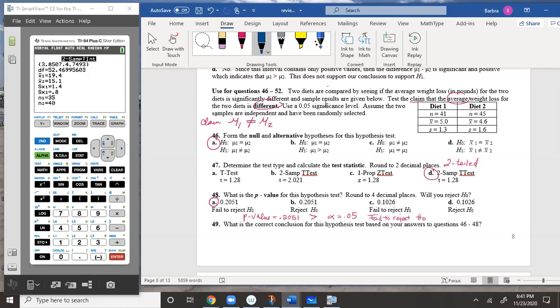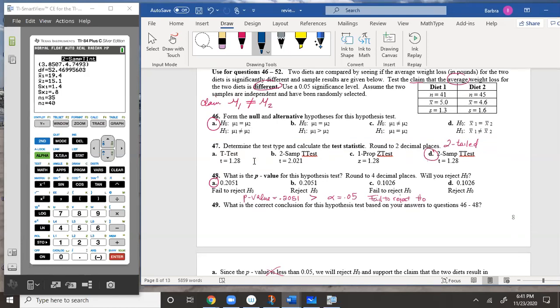Again, it's two samples, so you don't want any number here. Mu1 is not equal to mu2. That's what different is, right? So that's our claim. And the null is always the equal, right? Mu1 equals mu2. So the correct answer for the null and alternative hypothesis would be A. The null is mu1 equals mu2, and H1 is mu1 is not equal to mu2.